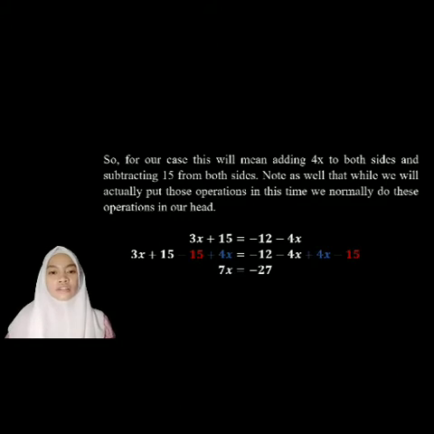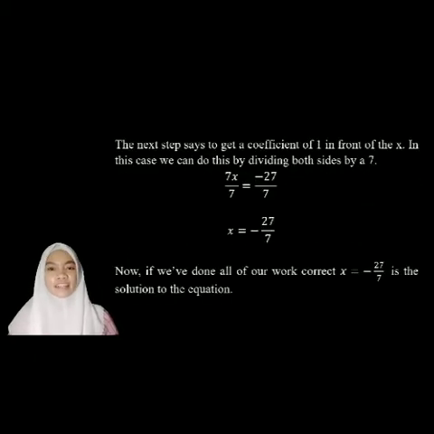So 7x = -27. The next step is to get a coefficient of one in front of the x. In this case, we can do this by dividing both sides by 7. So, x = -27/7.